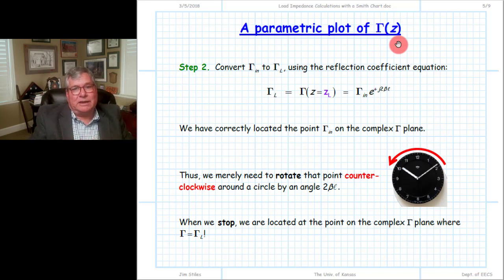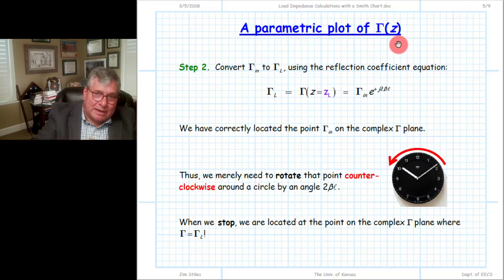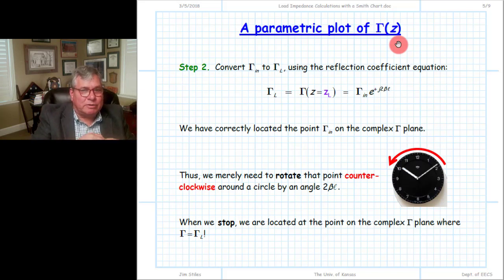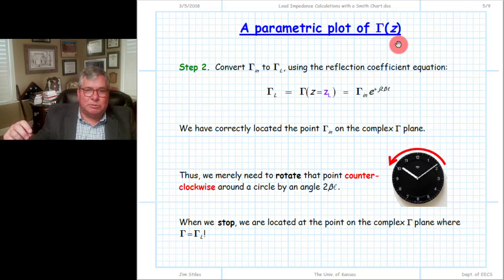In other words, we're rotating around the Smith chart in the counterclockwise direction. That's the only difference from the earlier examples. Instead of striking a circular arc that rotates clockwise as we move from the load back up the transmission line to the input, now we strike a circular arc which rotates counterclockwise as we move down the transmission line toward the load.